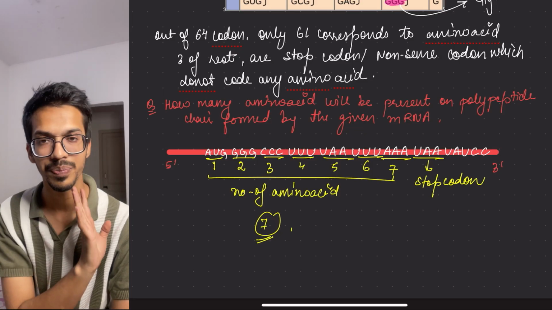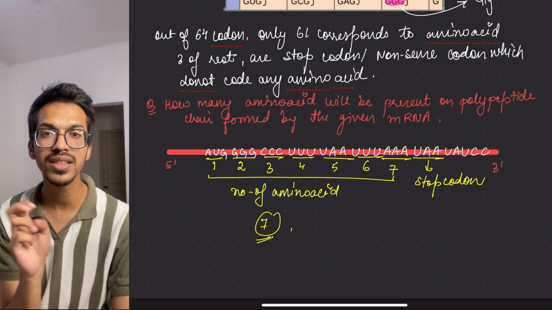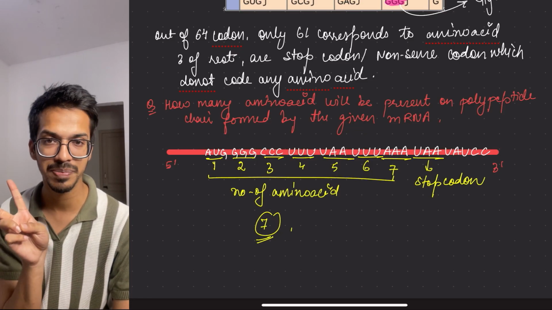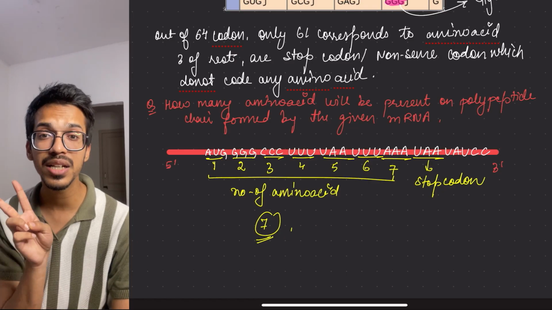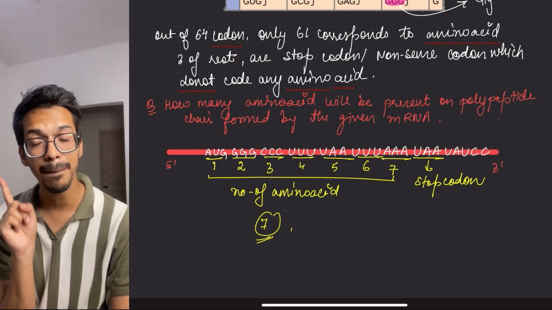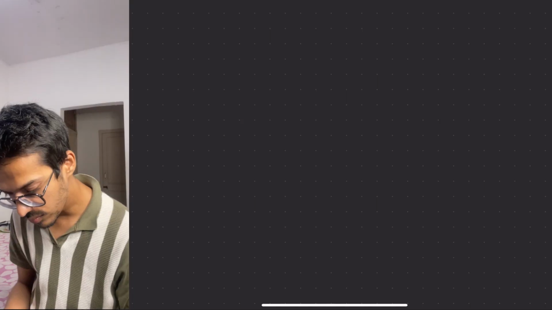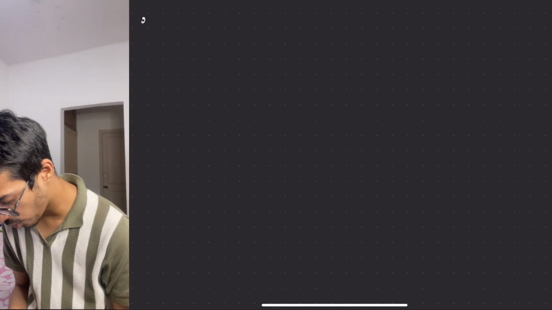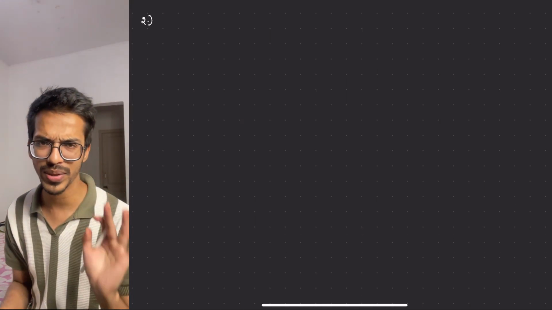So what are the two things? Two different experiments, two discoveries that took place. Number one discovery, and the second discovery which is important for us, that is the sequence.